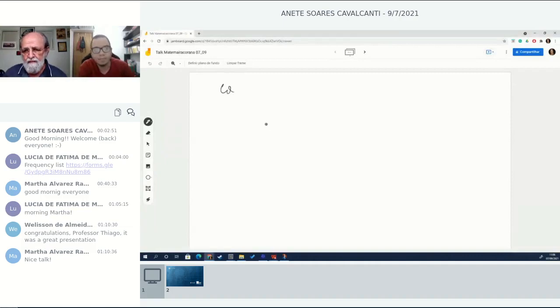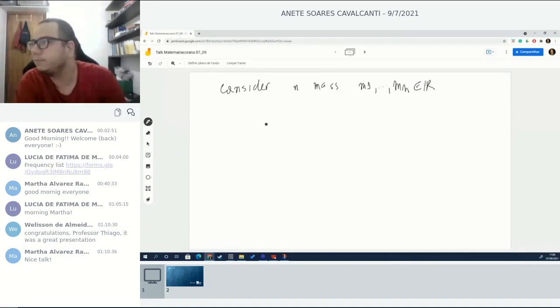Okay. Then consider n masses m1, ..., mn, real masses, and consider n points x1, ..., xn in R^d.